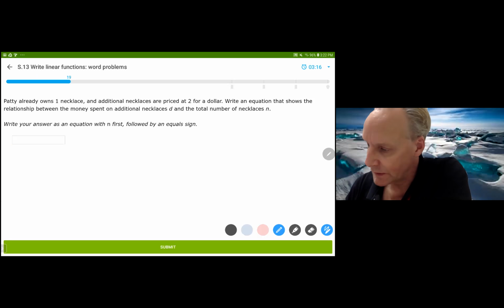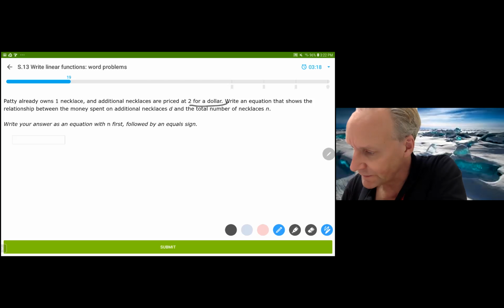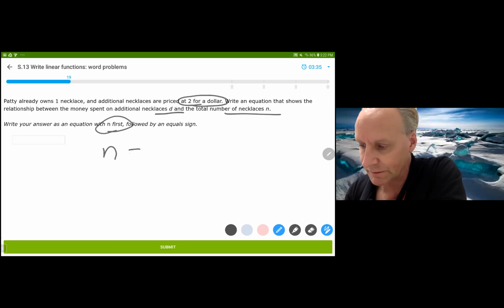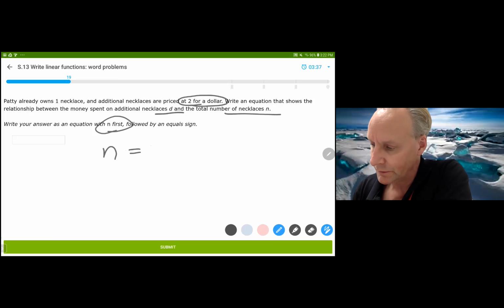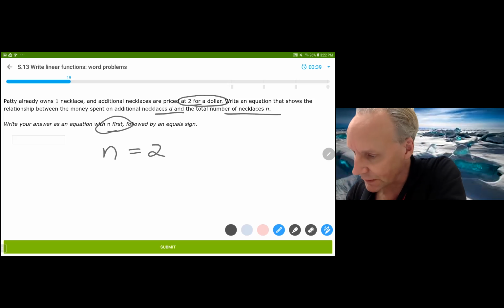Patty already owns 1 necklace, and they're priced at 2 for $1. That shows the amount of money spent on additional necklaces, D, and the number of necklaces, N. So we want to start the equation with N first. So the number of necklaces is equal to 2 for each dollar spent.